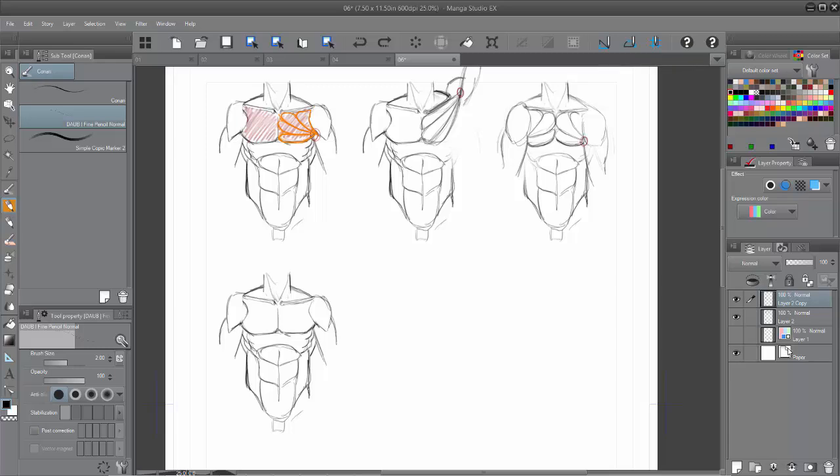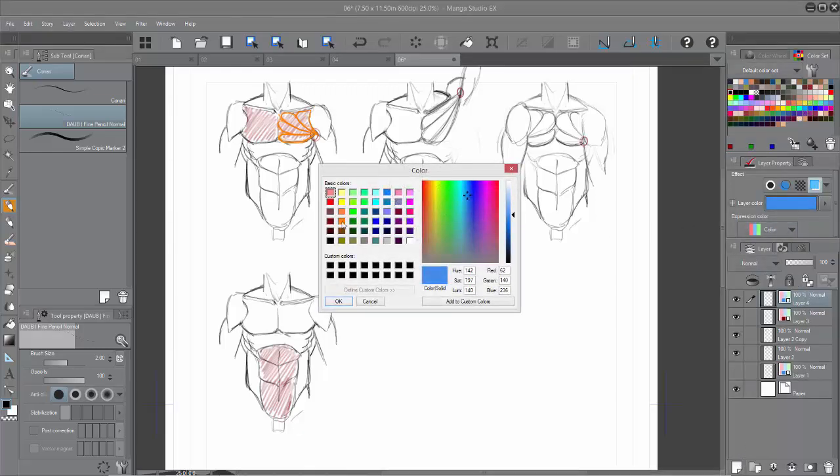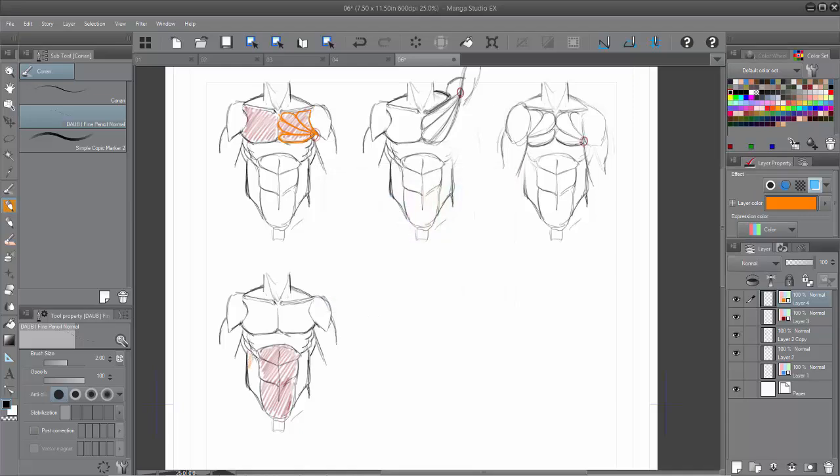So, the abs now. What we're looking for essentially is this part here. However, the obliques, which are these parts on the side, are also part of the abdominal region, so we're going to include those in this one as well.